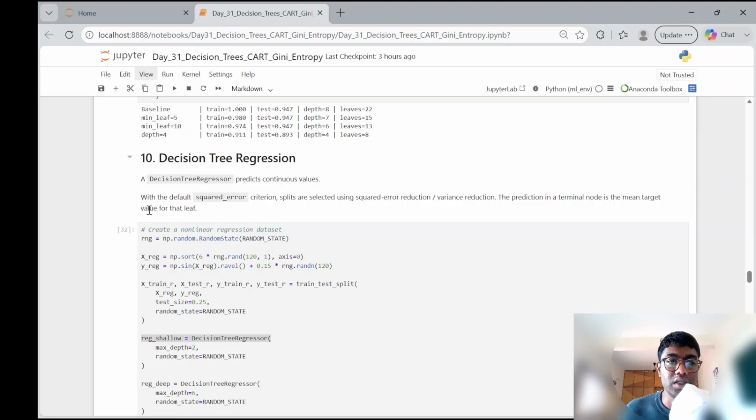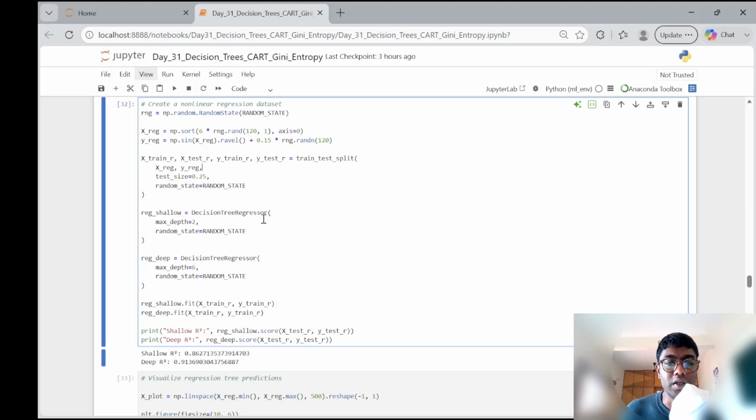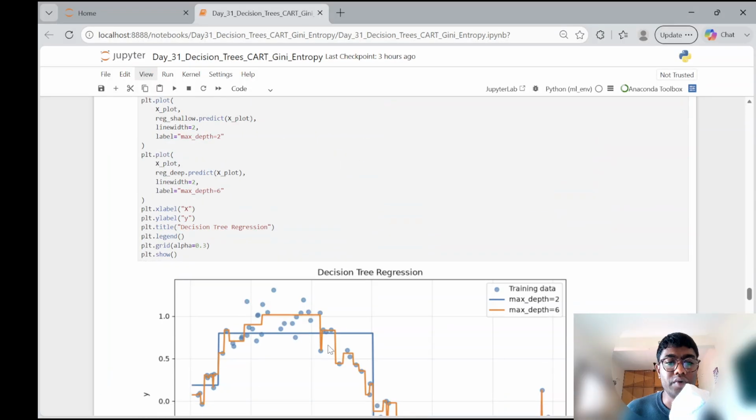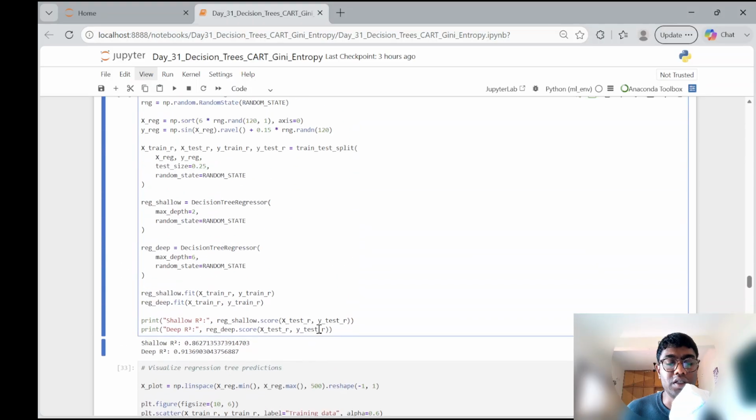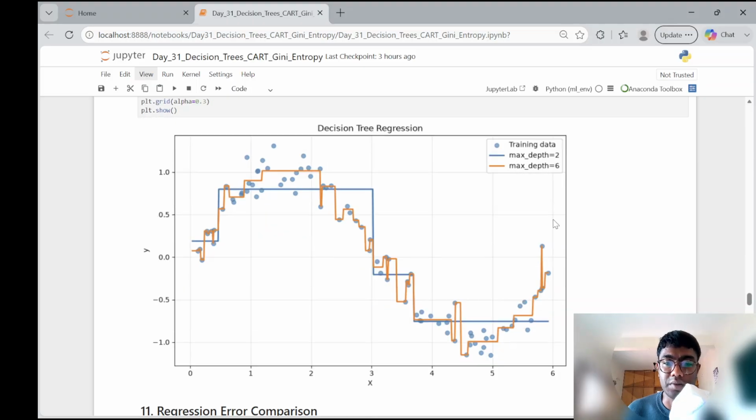Decision tree regression is used for continuous value prediction, and it operates based on squared error, right? So here we have a simple decision tree regression model, and the visualization for the same goes here. In simple visualization we can clearly see a depth of 2 has higher regularization than a depth of 6, which has less training data set error, but looks like an overfitting to me with max depth of 6, right?